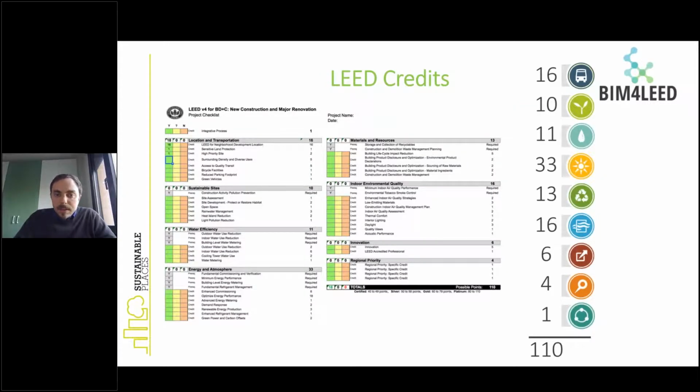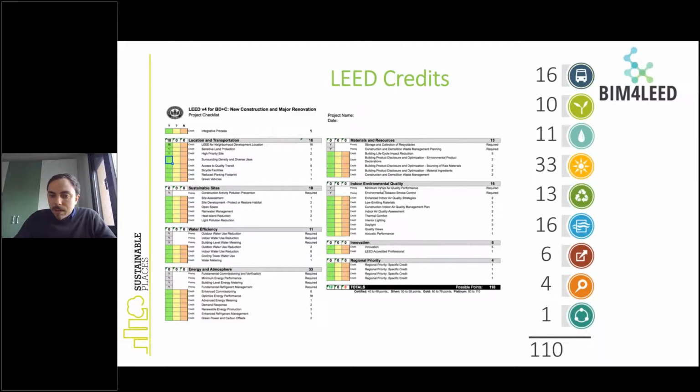How does this LEED rating system work? The idea is to look at the building and the design in its complexity, like an organism, and give credits and points for different categories, like location, water efficiency, energy and atmosphere, and others, to find a way to give objective points to say that this building is sustainable.